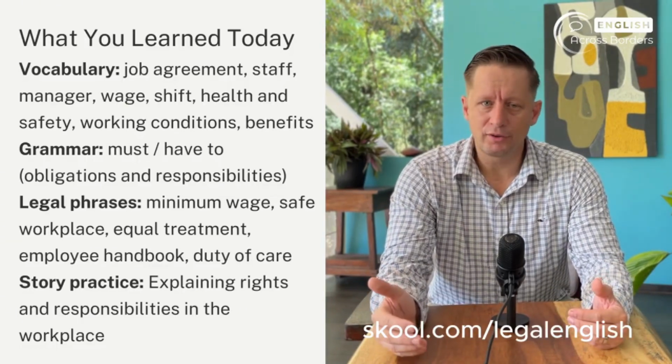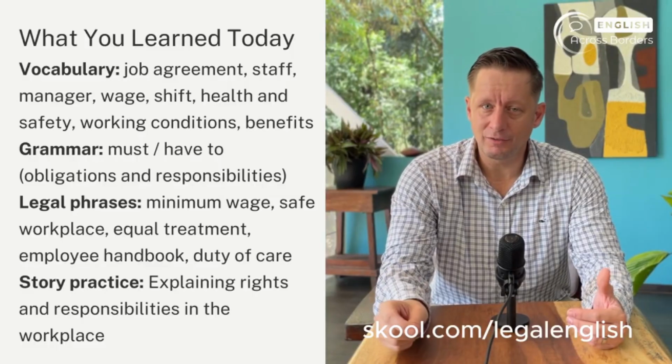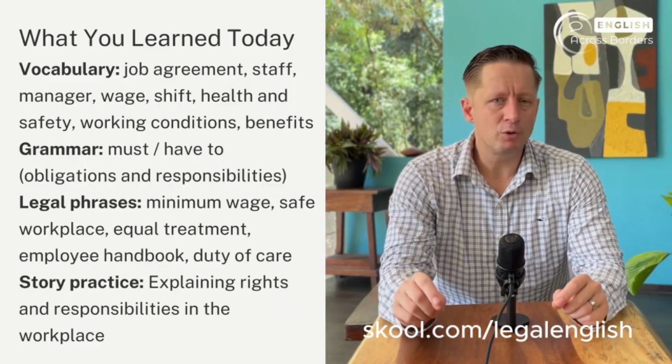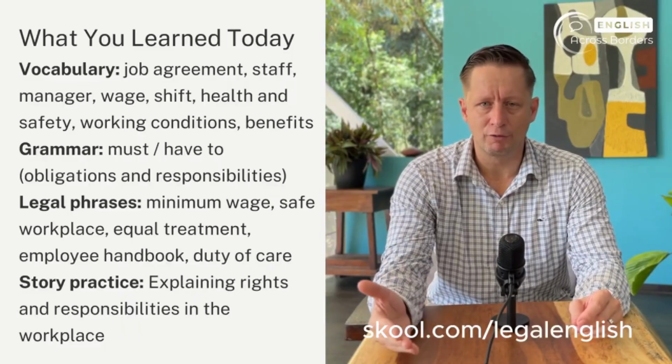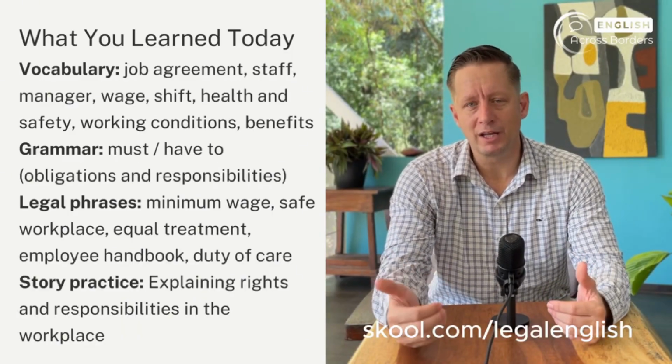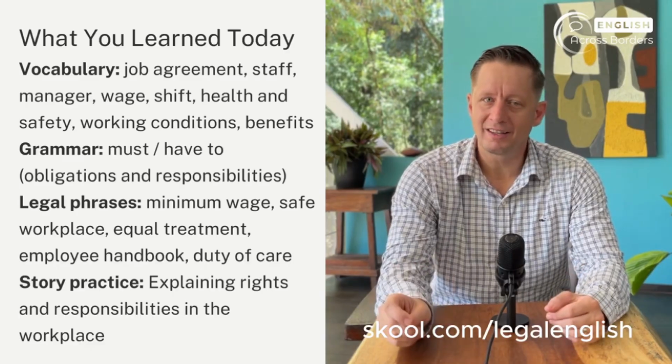Employers must respect wages, safety, equal treatment, and benefits. By combining vocabulary, grammar, and legal phrases, you are now able to give a simple explanation of workers' rights and responsibilities. Explaining workers' rights and responsibilities in English is a valuable skill for lawyers and professionals.